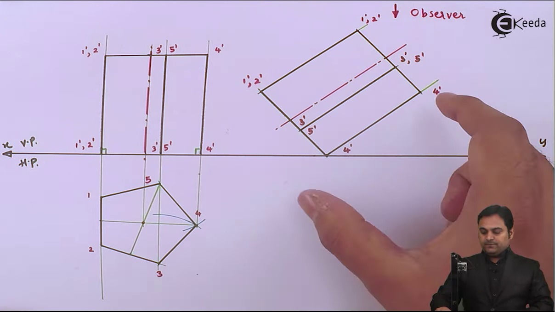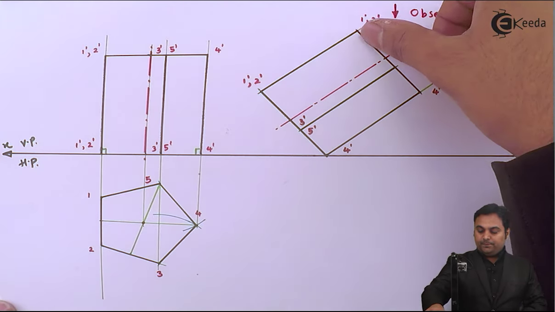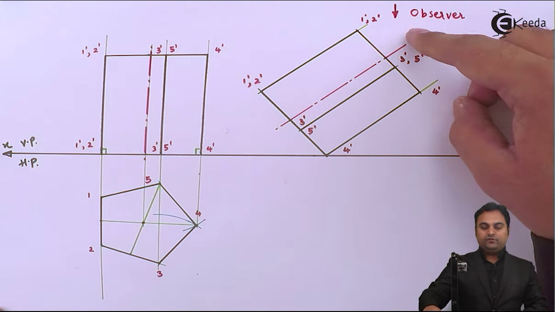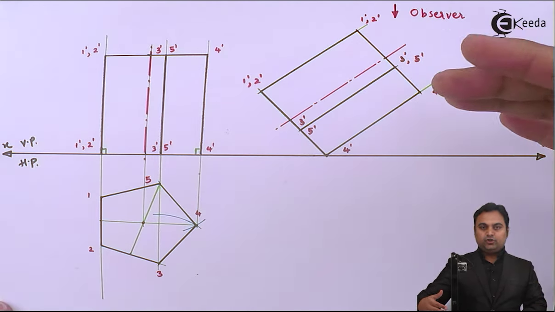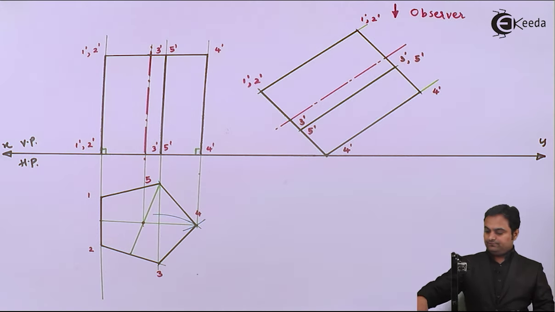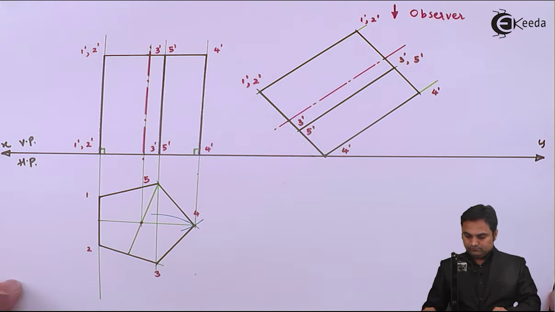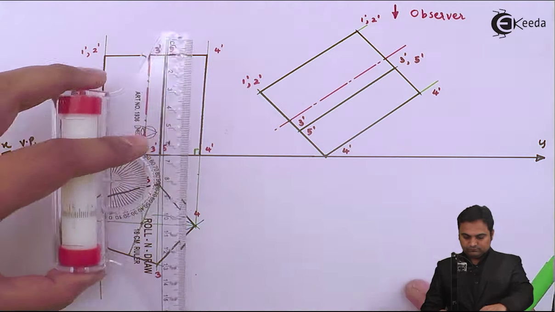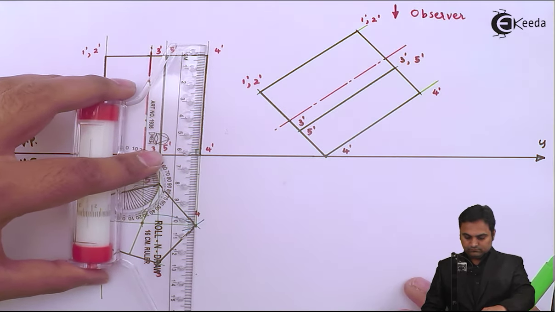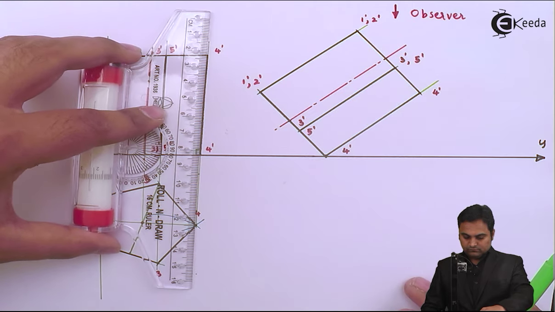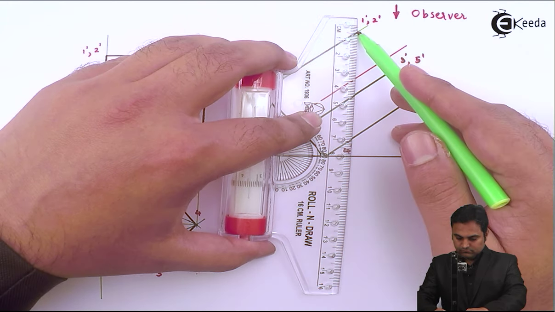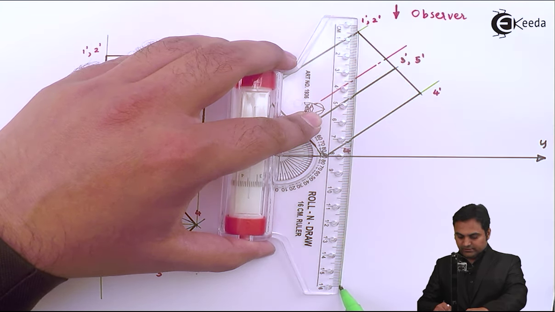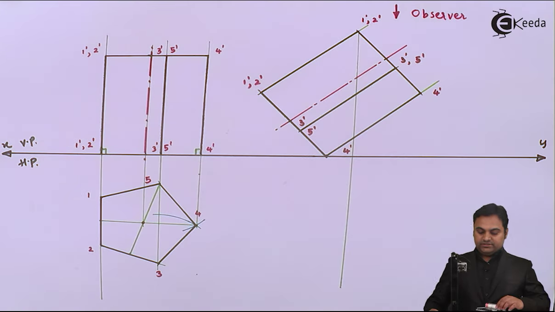If I see in this prism, here this top pentagonal face is closer to the observer compared to the bottom face. It means these points which are at the top will be projected first. First is point 1 dash 2 dash. Next, I'll project it from the top view as well.